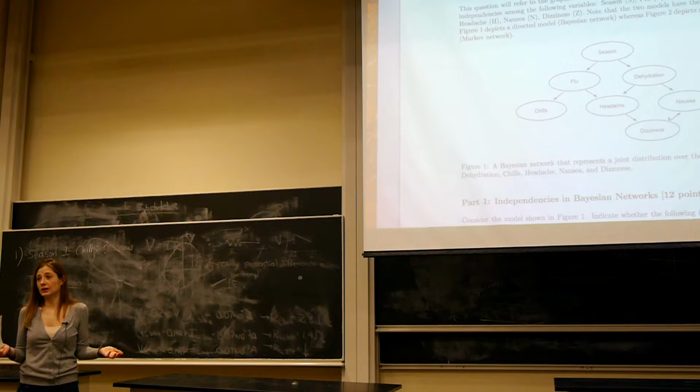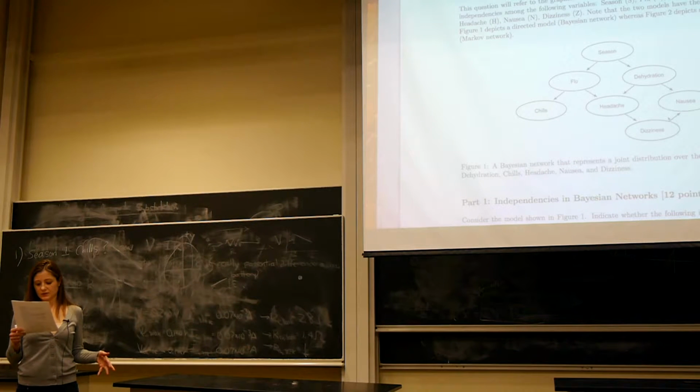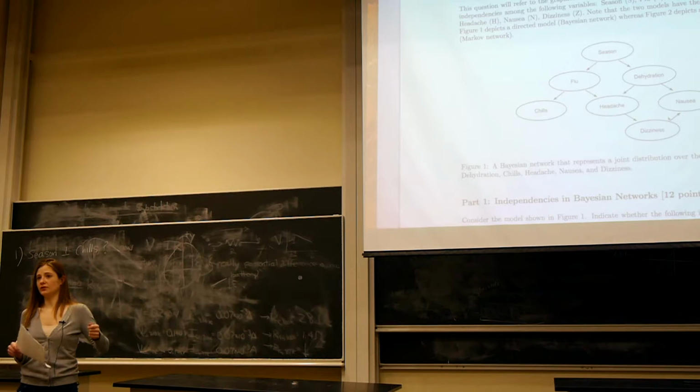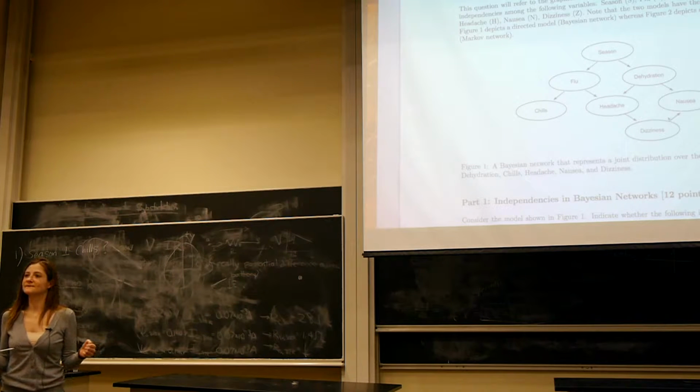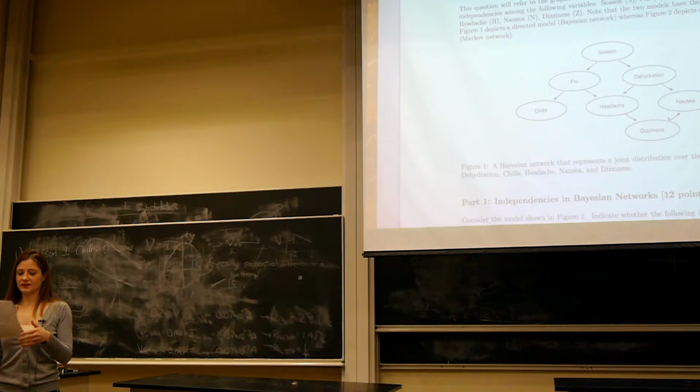We actually don't know if it's dependent or not until we see the conditional probability tables. But from the structure of the network, all we can say is that they're not independent. Can anyone point out a path along which influence can flow from one to the other? Yeah, exactly.